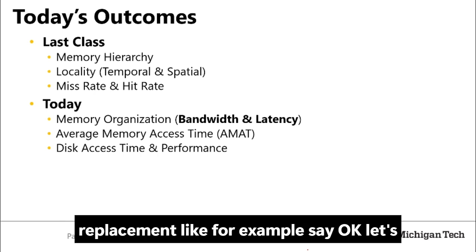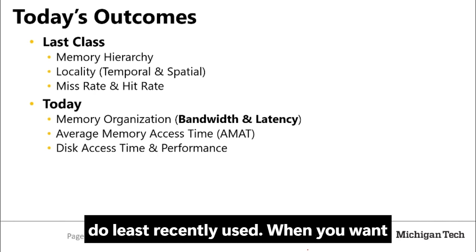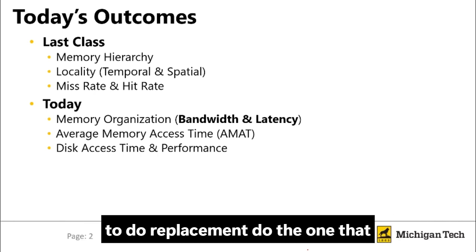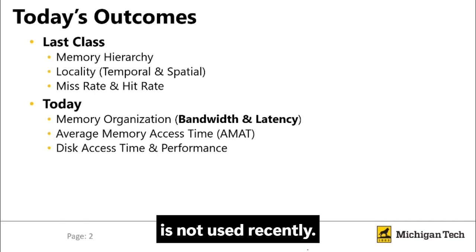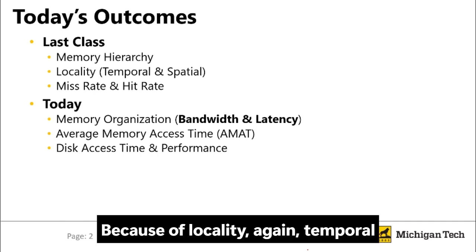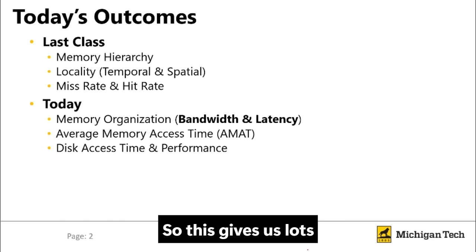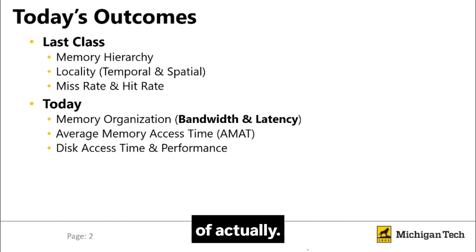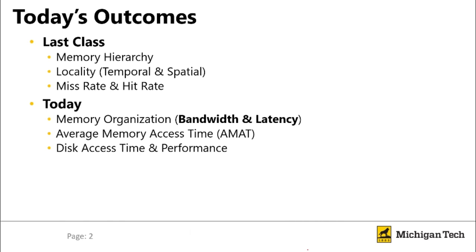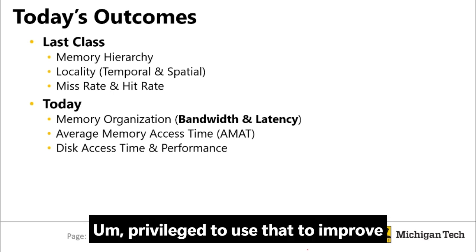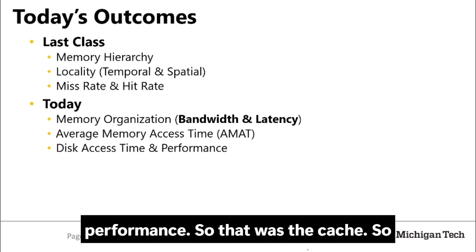For example, least recently used: when you want to do replacement, replace the one that is not used recently. Because of locality, again temporal locality, same rules. So this gives us lots of privilege to use to improve performance. So that was the cache.